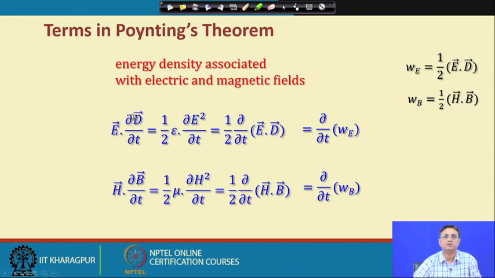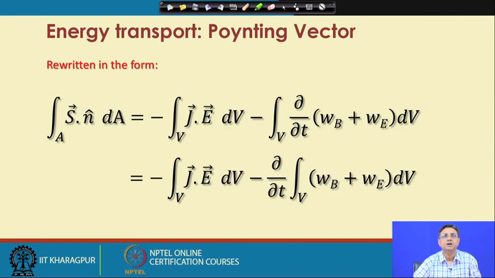Therefore, these two terms which are appearing in the equation can be replaced by the sum of these two terms. That means this sum is equal to del del T of the sum of the energy densities associated with the electric and magnetic fields. So, if we rewrite this equation, the surface integral of the Poynting vector S dot n will be equal to J dot E dV and this quantity.